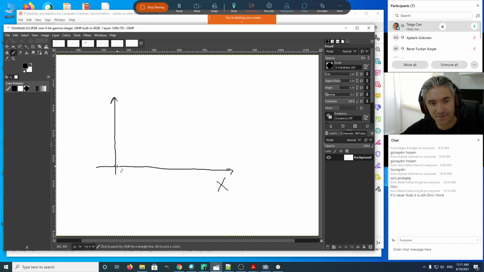So the CDF is going to be a non-decreasing function, something like this. Okay, or let me draw another CDF that looks a little bit different.